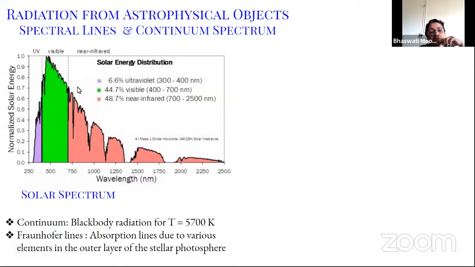That would have been a smooth curve, but what you see are also minor dips, or sometimes very large dips, and these are absorption lines due to various elements in the outer layer of the stellar photosphere, known as the Fraunhofer lines. We'll talk a little bit more about this later in this lecture.